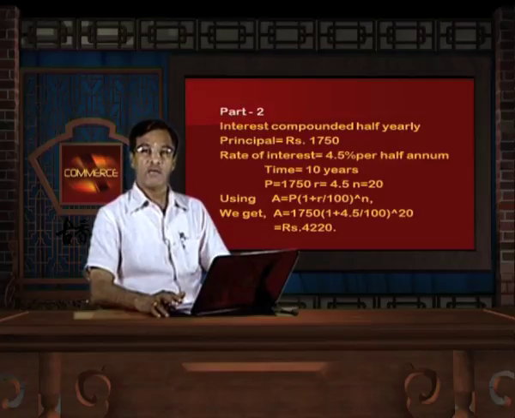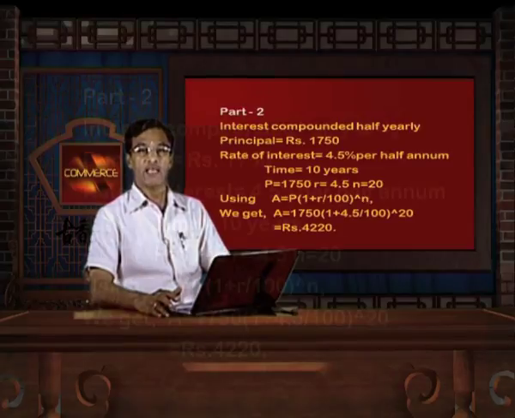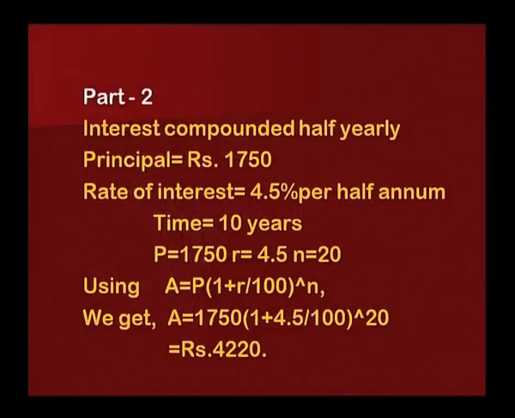Here we have calculated the compound interest by taking the number of periods as 20. In 10 years we have 20 half years, and we have divided the rate of interest by 2, because the rate of interest in the question is given as 9% per annum. So, it is 4.5% per annum.